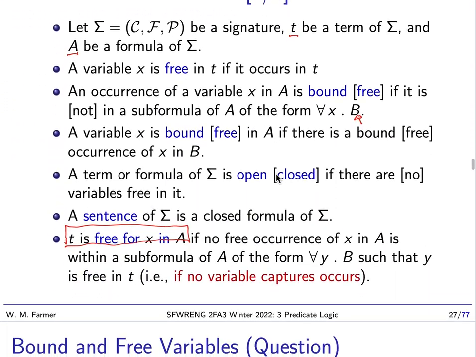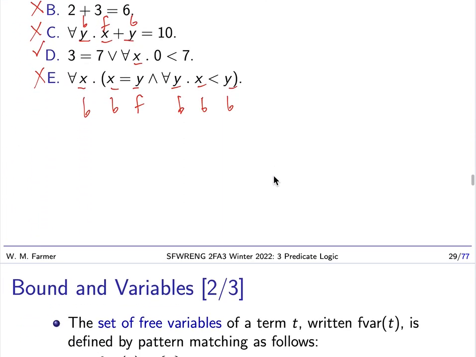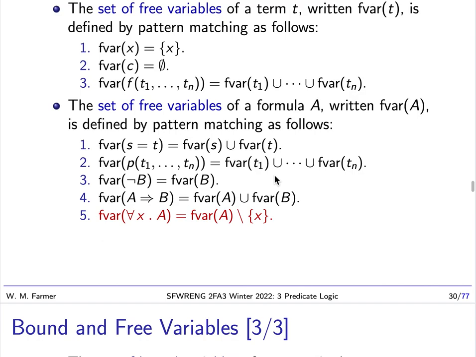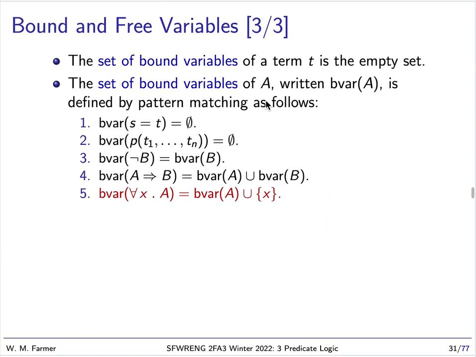But in FOL, there are no binders in terms. Terms are built without binders. So to repeat what we had said before, a term has no bound variables. Of course, a formula can have bound variables because we have in FOL a binder, for all.